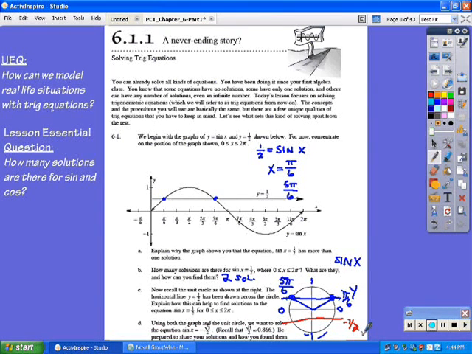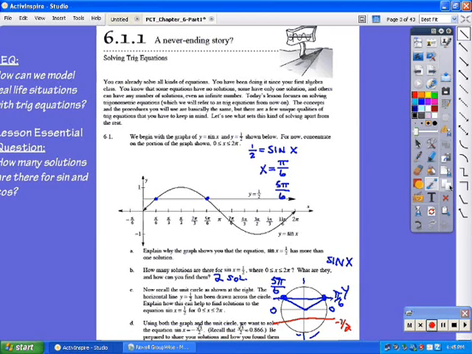Using both graph and unit circle, we want to solve the equation sine of x equals -√3 over 2. Be prepared to share your solutions and how you found them. So -√3 over 2 tells us there is 0.866. So now I'm picturing a horizontal line at -0.866, which would be right here.